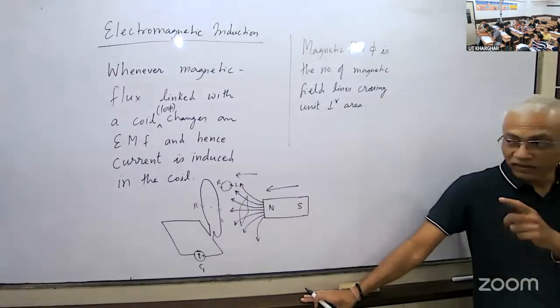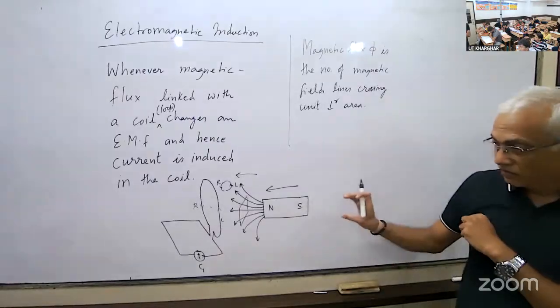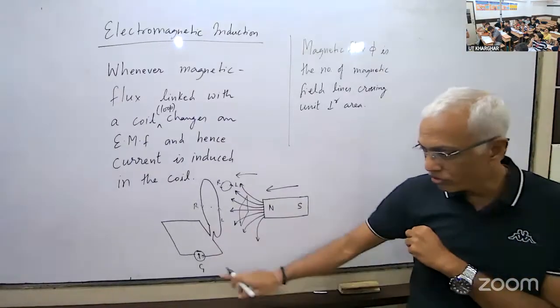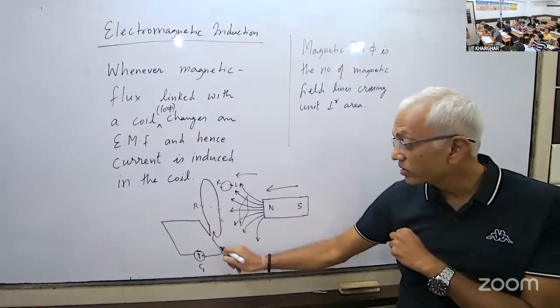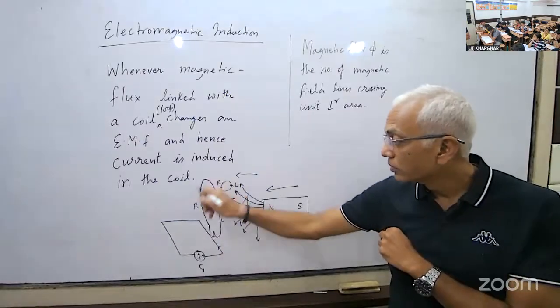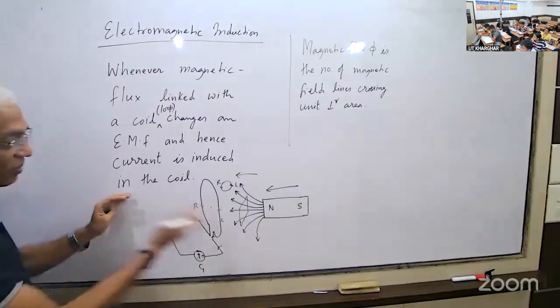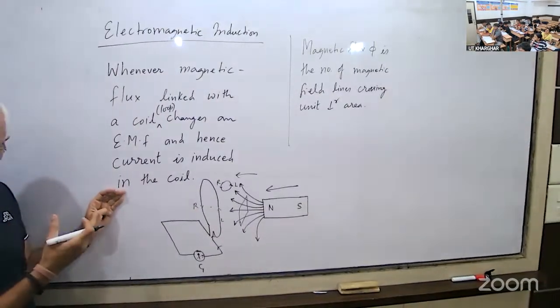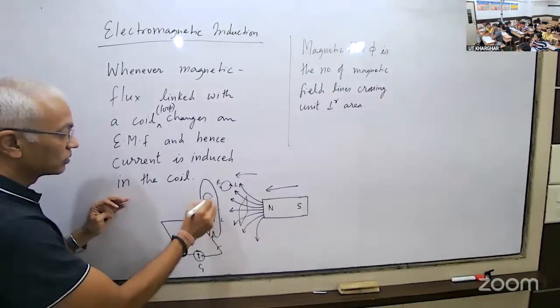How to detect the direction of induced current? What did I say? When the magnet is coming closer to it, it shows deflection in the right direction. When you see deflection in the right direction, that means current direction must be like this. So, this is the back of the coil when I am looking from this side. To me, it is appearing south.